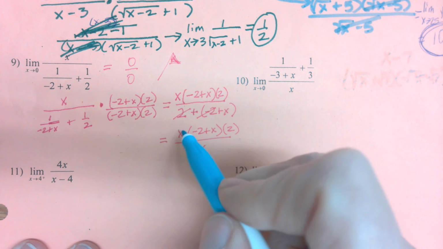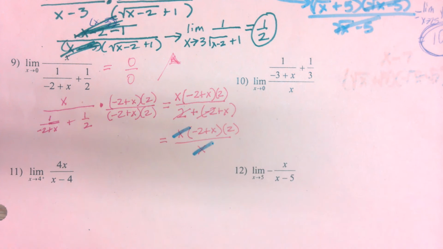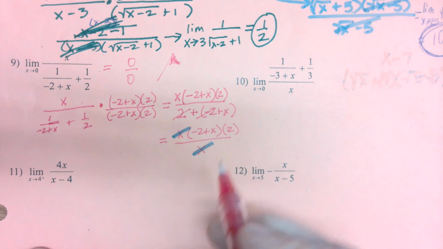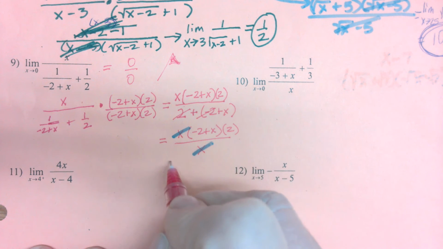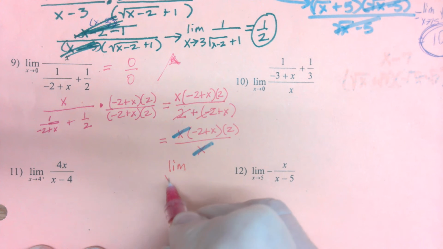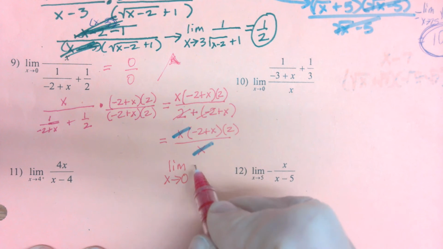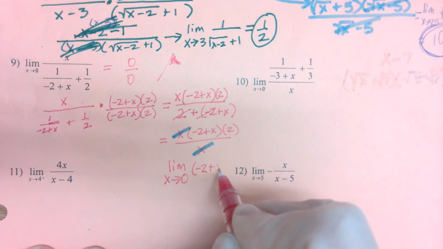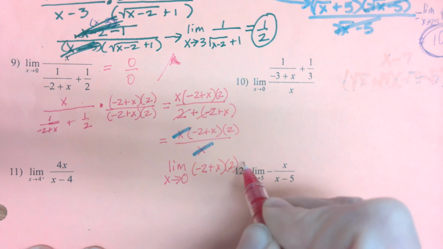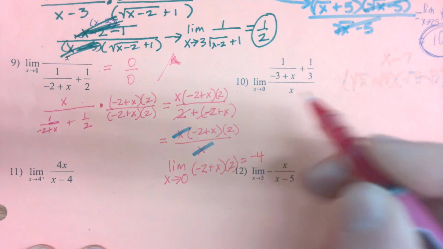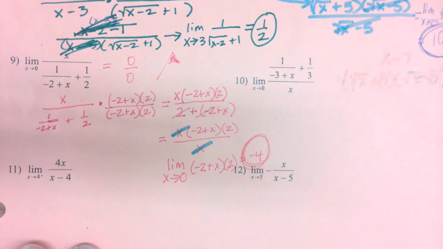And the x's will cancel out, leaving me with the limit as x approaches 0 of negative 2 plus x times 2, or negative 4. Final answer.